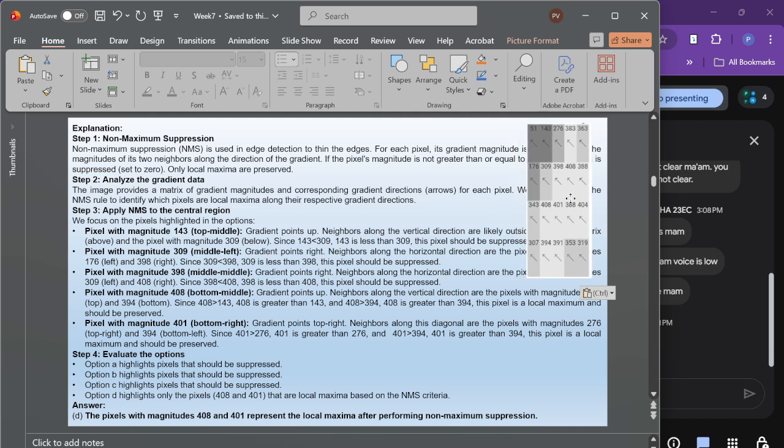Okay, now it's visible. Very good. Now it will compare only this one, because we are taking only this part, and this is outside the range, because in the options only this part is highlighted.